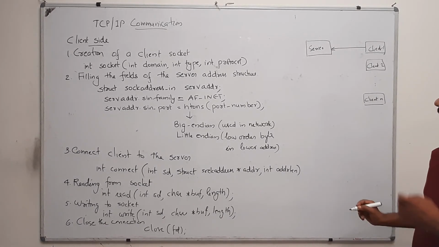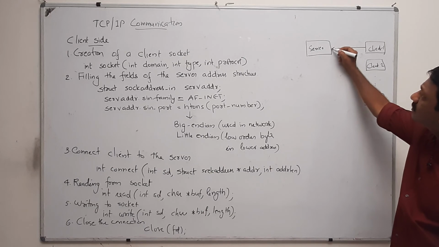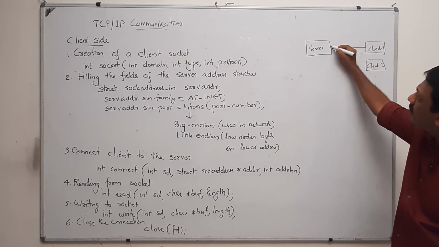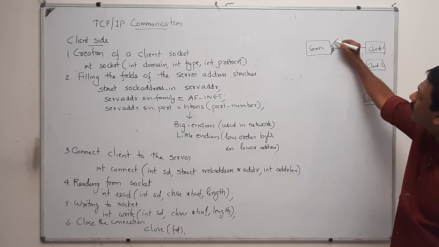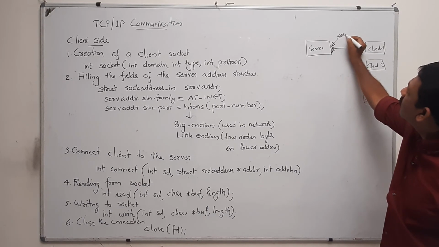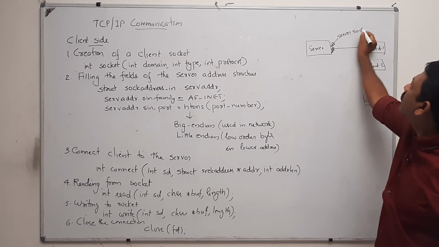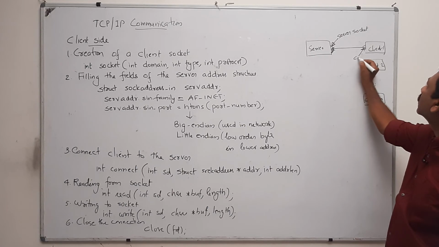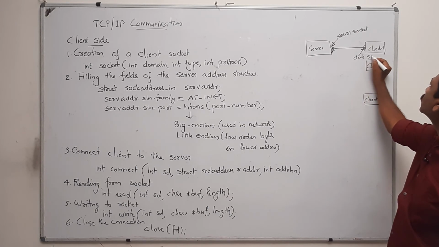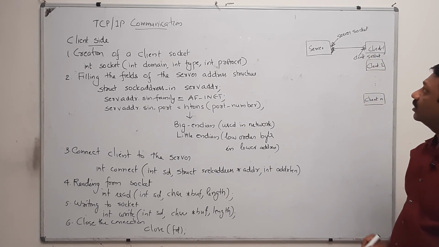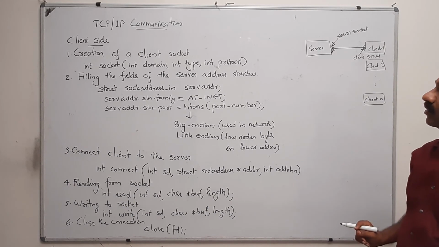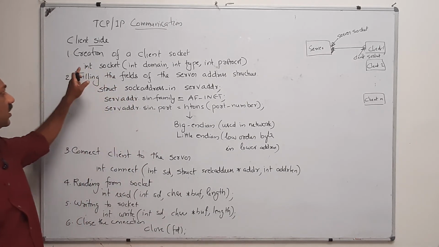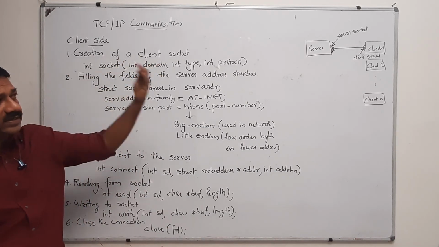So for that, the endpoint of communication for the server is called a socket, and this is the server socket, and this is the client socket. Initially, you have to create a client socket on the client side.